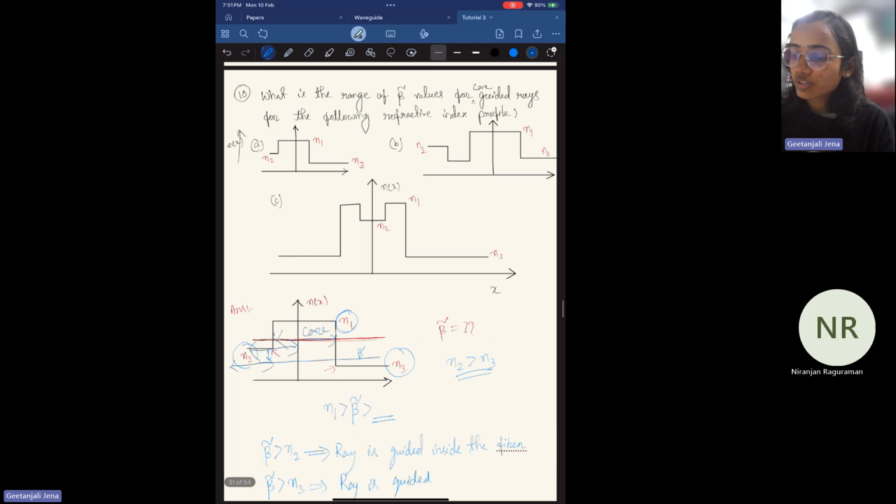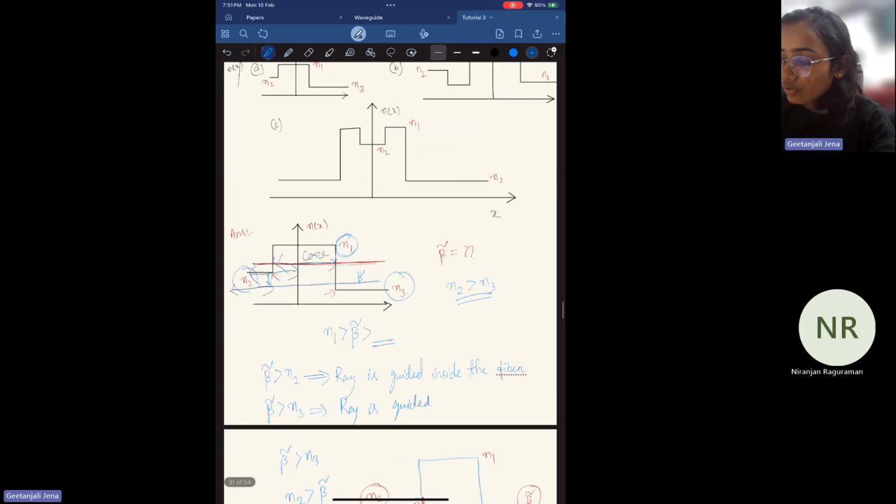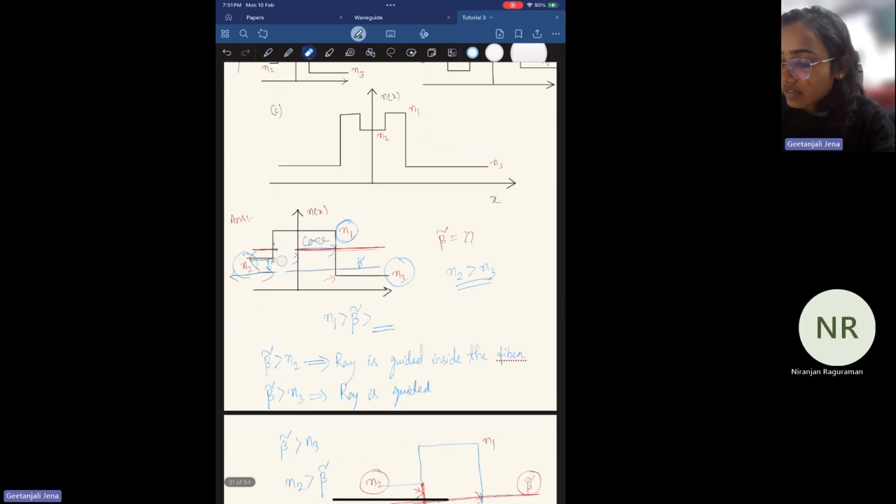So if you see the question, it is asking which condition corresponds to core guided rays. Let us say you are talking about this situation where beta tilde is smaller than N2.